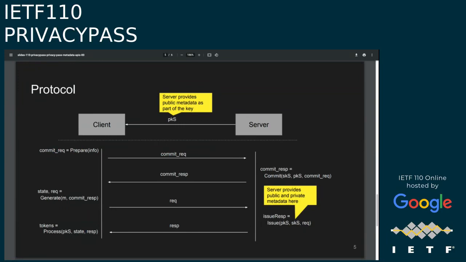We might be able to fold different types of metadata in different slots in the protocol, but maybe we only want the server to include public metadata as part of the key generation step, and only the client should be able to provide metadata during the token issuance step. You can imagine a crazy scenario where, during the issuance step, the client or the server was able to provide public metadata and somehow puts in a tracking cookie or something like that in the token.